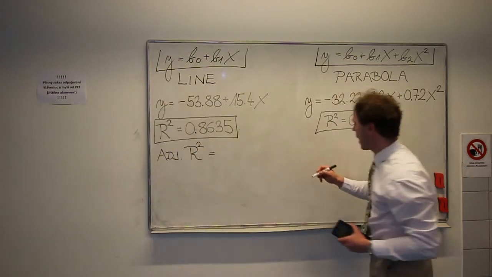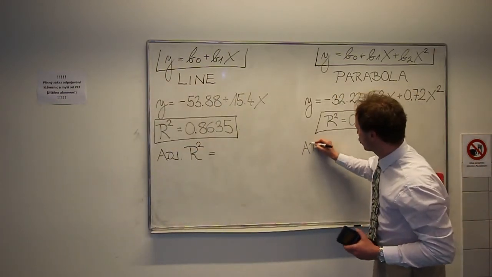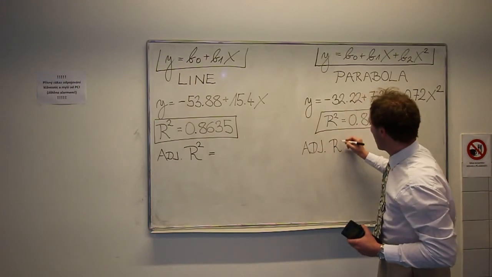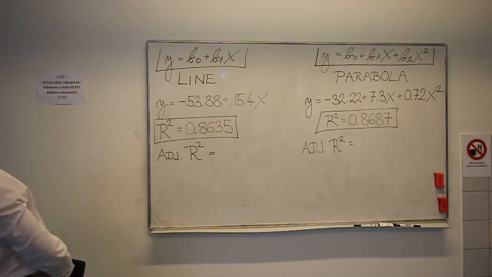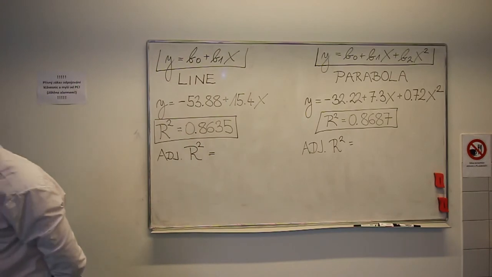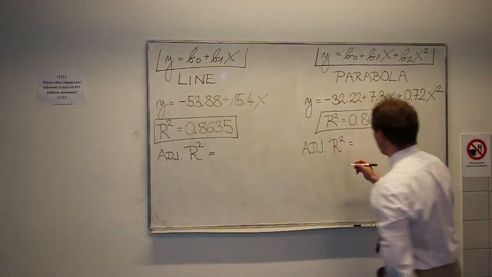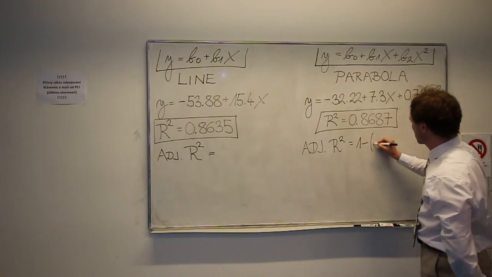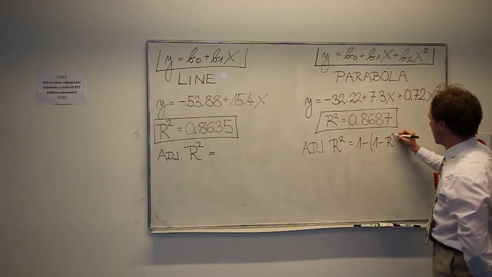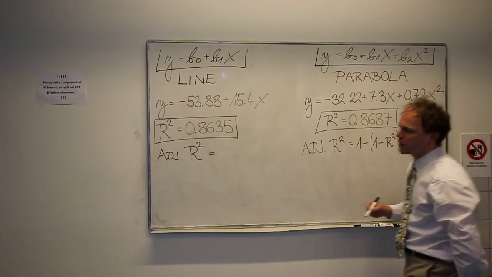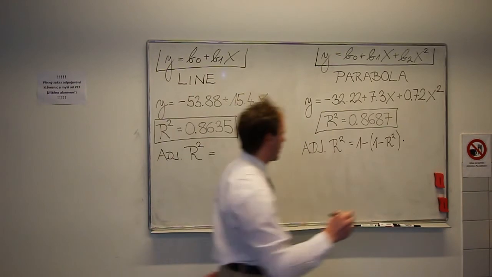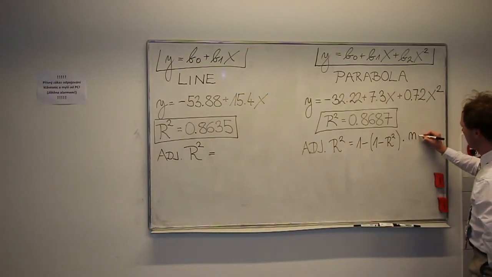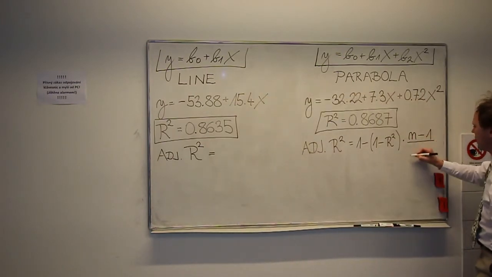This adjusted R squared can be calculated according to the formula which is written in your formula sheet. There is 1 minus the classical R squared, multiplied by a ratio: n minus 1 over n minus p.